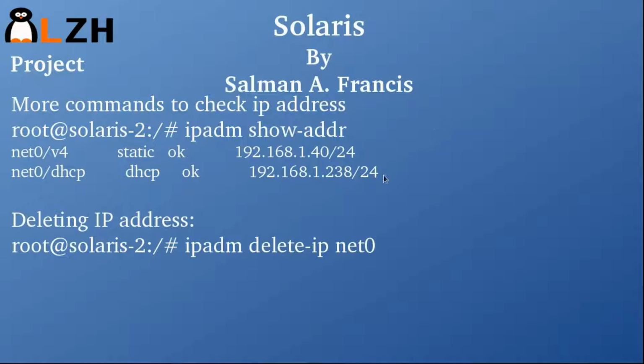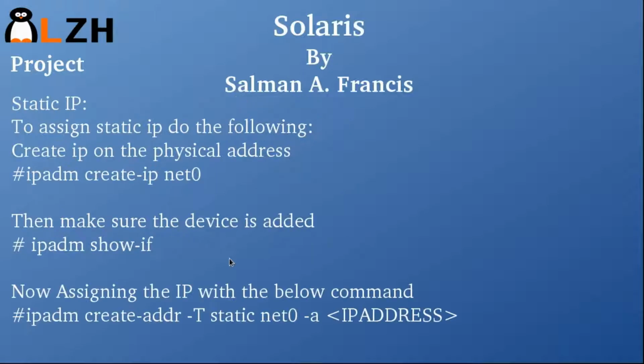Okay, now we are going to delete this IP again because we need it for our next scenario, where we are going to assign our Solaris machine a static IP. So first we are going to delete the IP address again with ipadm delete-ip net0.